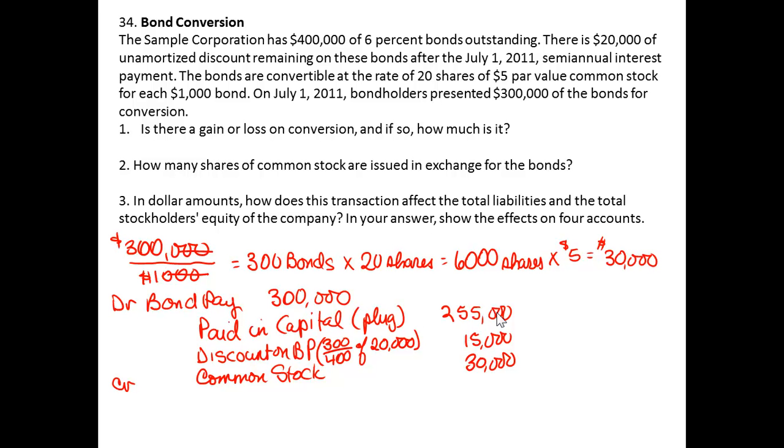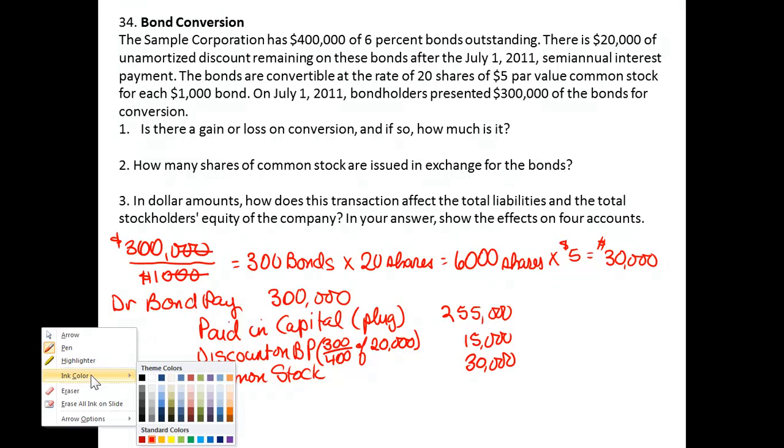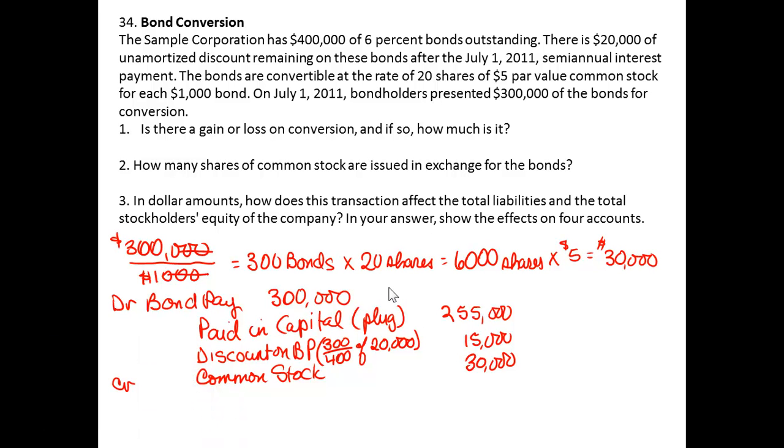Well, let's take a look. Bonds payable is a liability account. So that's a long-term liability. Paid in capital is a shareholders' equity account. Discount on bonds payable is a contra liability account.